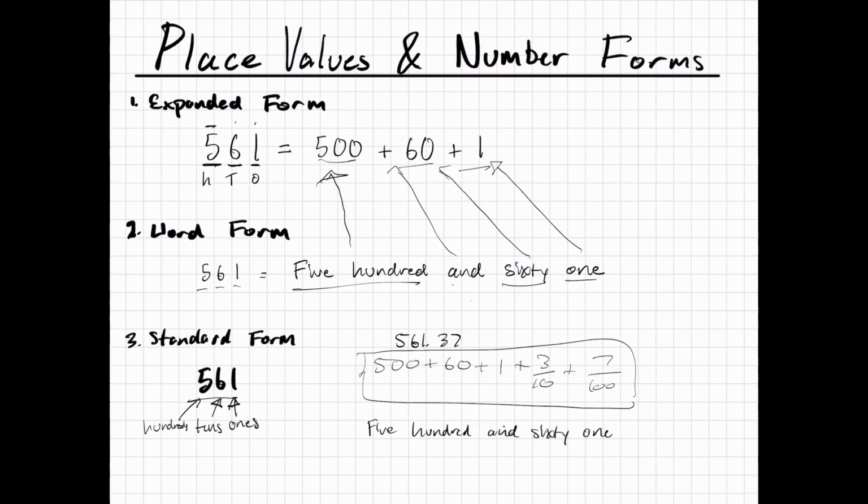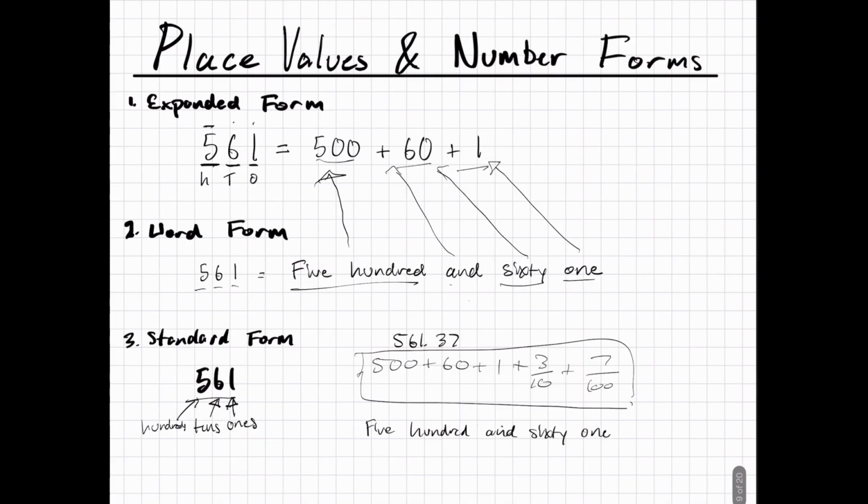561 point, describing the decimal place, 37. Or instead of 0.37, depending on what your class recommends, 561 and 37 hundredths.